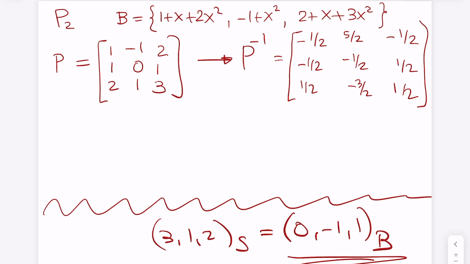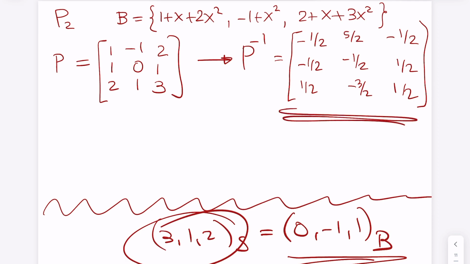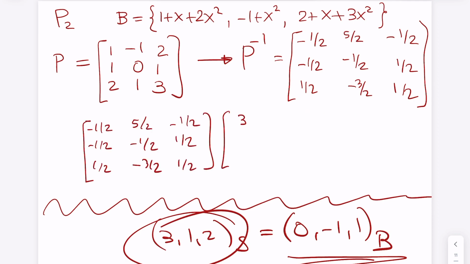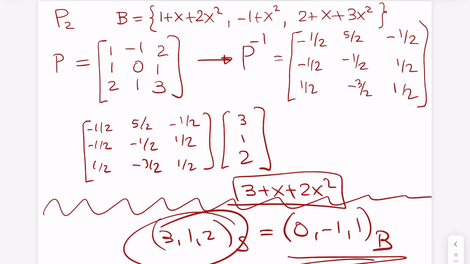In this case, the vector that we wanted to transform is 3, 1, 2, because the vector that we wanted to express in the new basis was 3 + x + 2x squared. That's why it's 3, 1, 2.